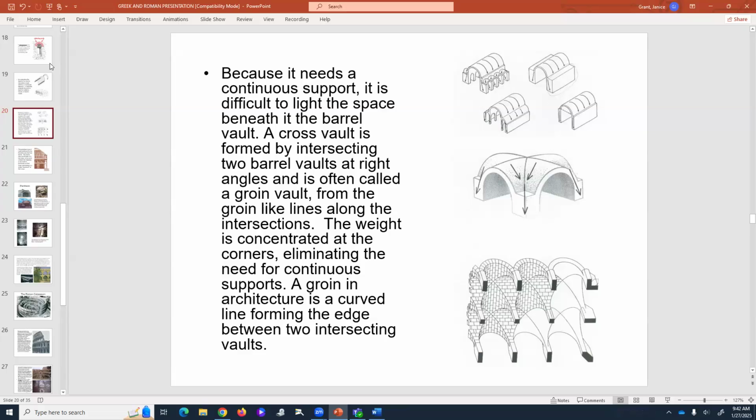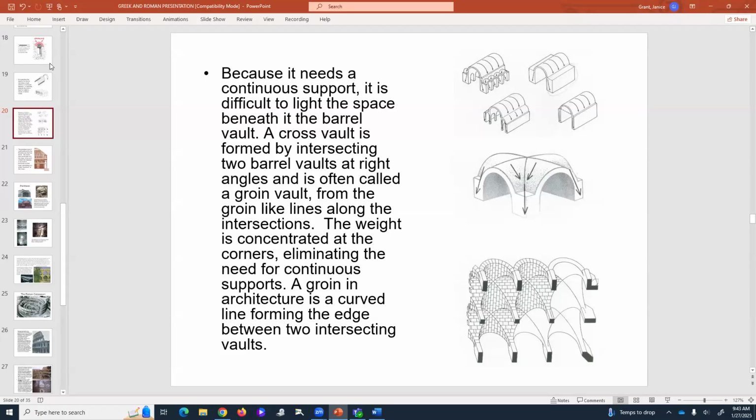Even now, architects and engineers use our creative minds to come up with different ways to use materials more effectively. So by crisscrossing these barrels, the loads were now brought down into the intersections of those. Do you see that? It's kind of cool that they came up with that.